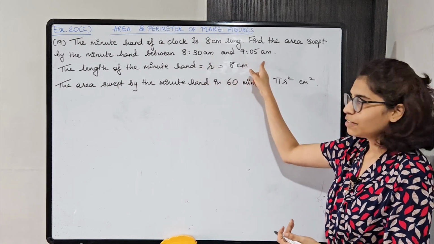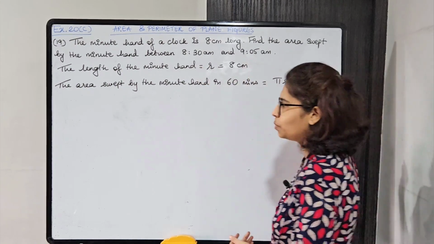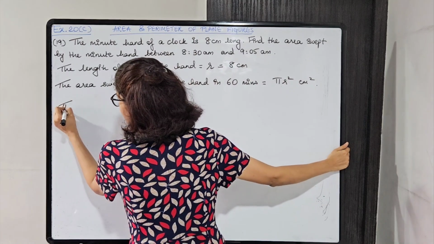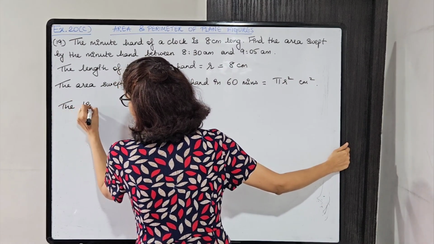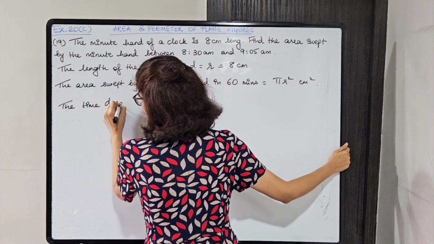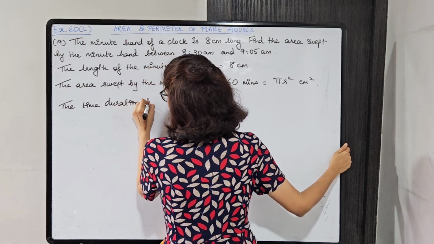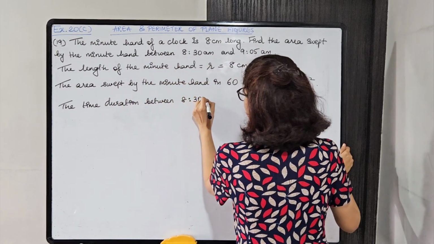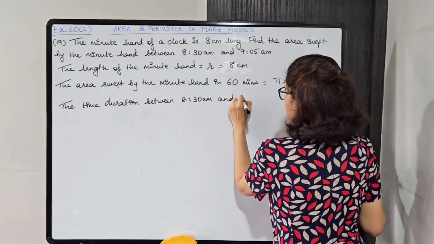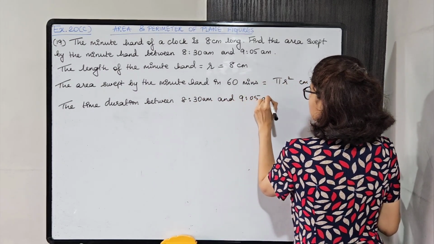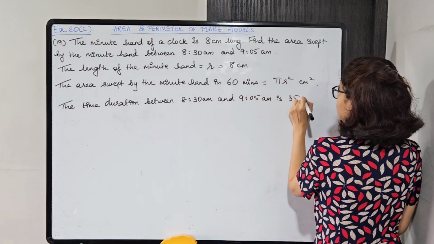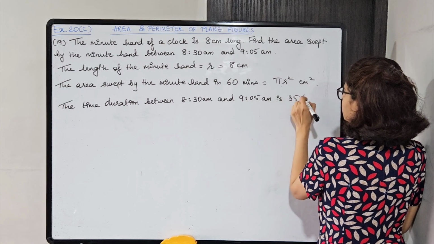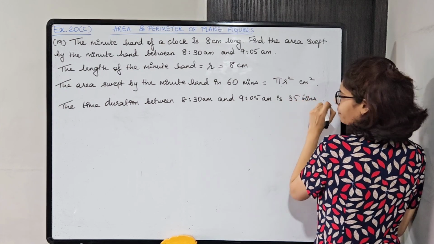So 8:30 to 9:05 is 35 minutes. Write it down. The time duration between 8:30 a.m. and 9:05 a.m. is 35 minutes. Okay.